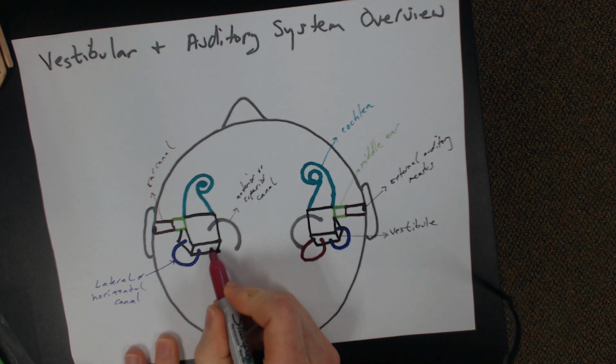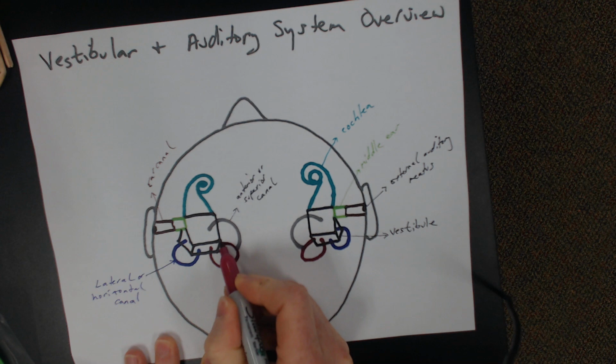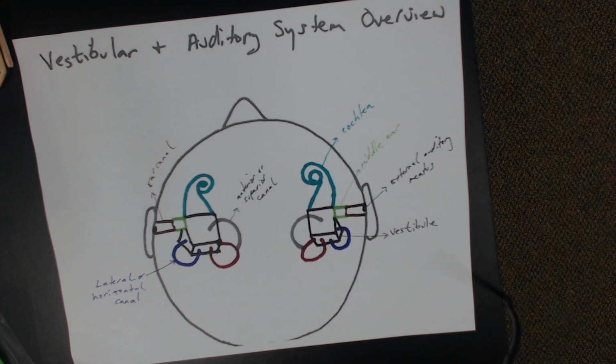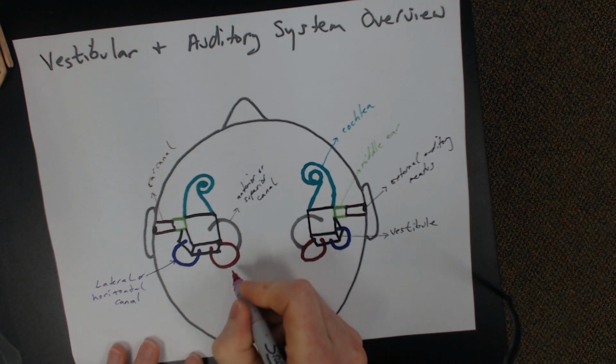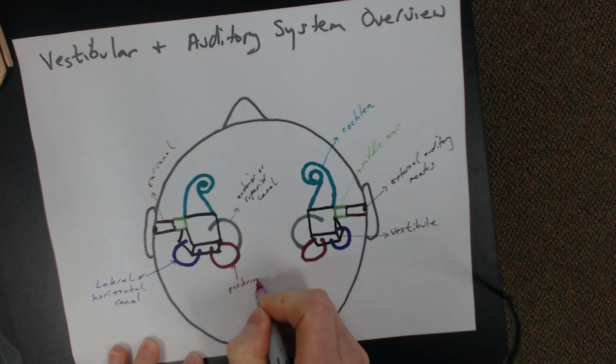So it comes off the back of the box, hooks back up here, and then reconnects to the back of the box. And this one, since it comes off the back of the box, is the posterior canal. That's your posterior semicircular canal.